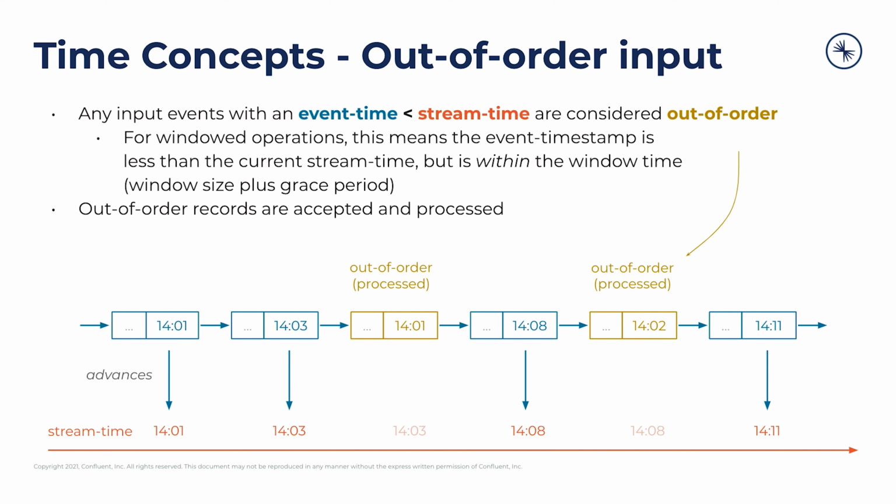And it just means that instead of the timestamp monotonically increasing in this event stream, you had a few records where the timestamp was a bit earlier. So in this example, the first timestamp comes in at 1401, then 1403, and then we have another record that goes back to 1401. This can happen because a record was retried, or because you have multiple producers all sending records to the same broker from different places.